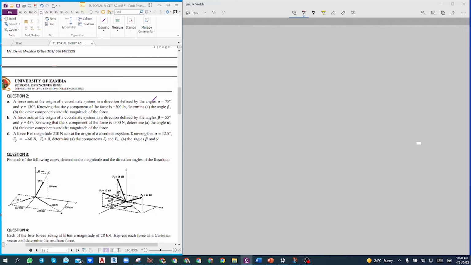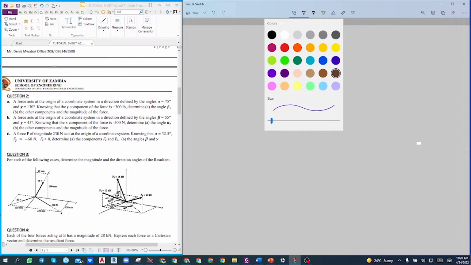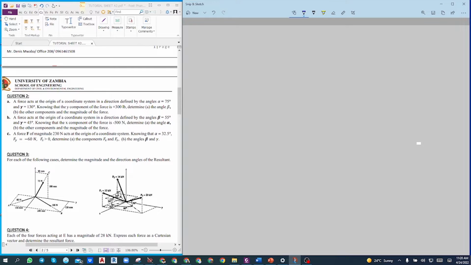So here we are going to use the identity which we should really be familiar with, which is the relationship of the direction angles.